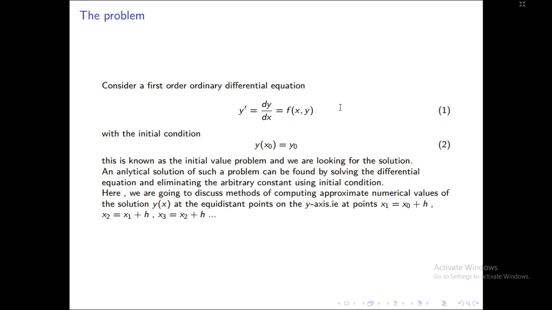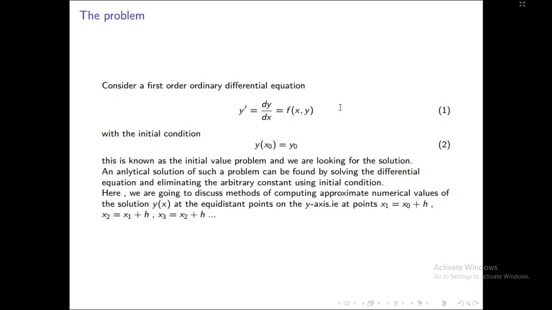The values x naught and y naught are given as the initial conditions, and we are looking for the values of y at points x1, that is y1, at x2, that is y2, etc.